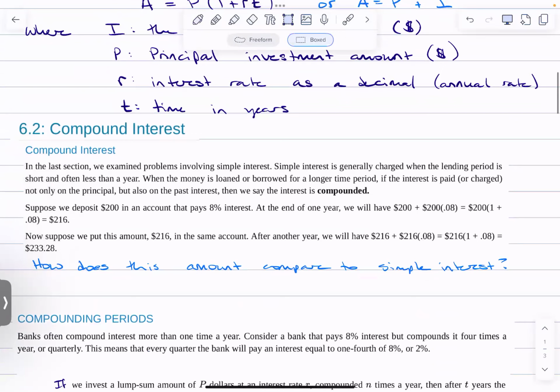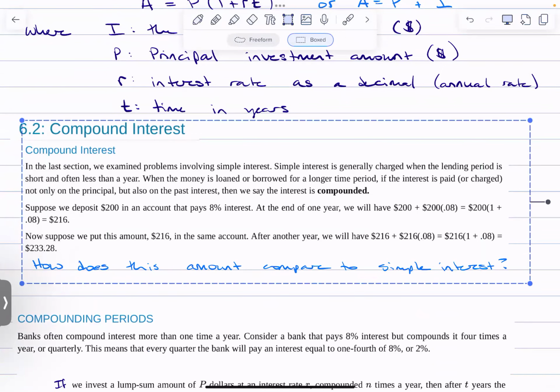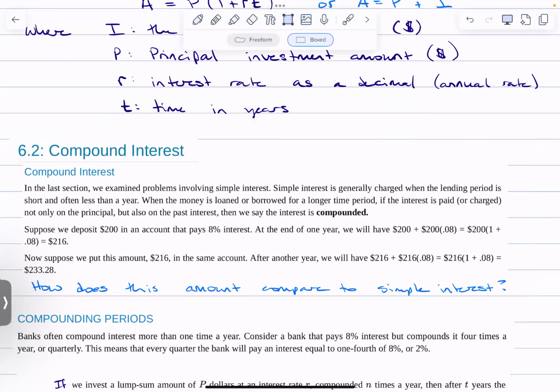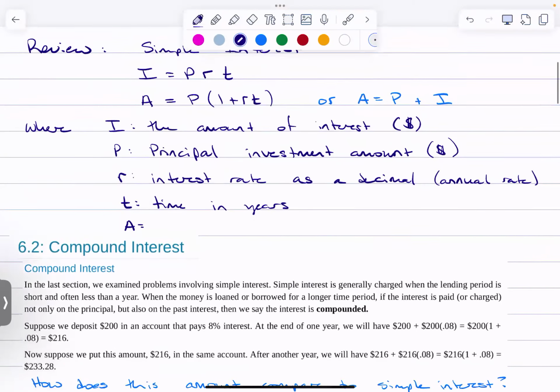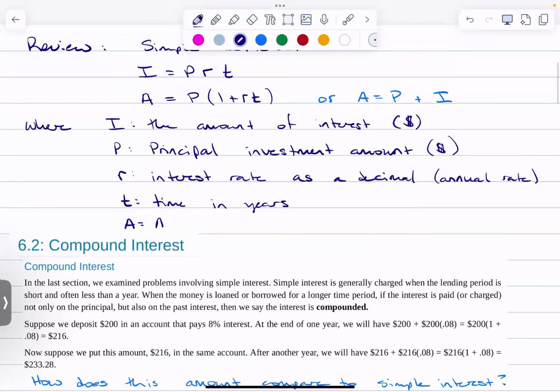Oh, good. I've got one more line that I can bump this. Oops. And A is the accumulated amount. But it's also called the future value, which is also a dollar amount.